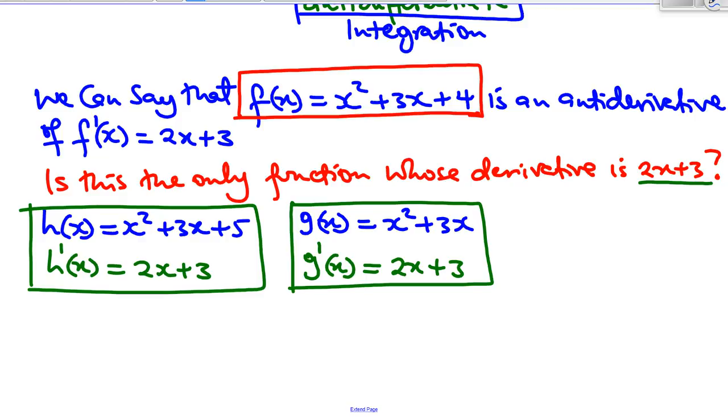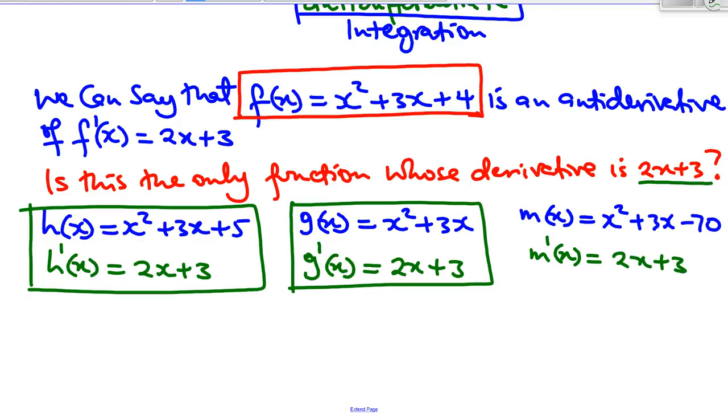Again, let's try another function, m of x, which is x squared plus 3x minus 70. The derivative of that is 2x plus 3. So again, we can say that m of x is an antiderivative of 2x plus 3.